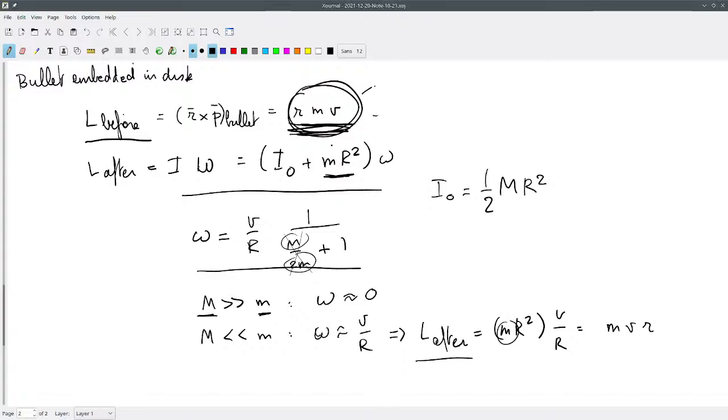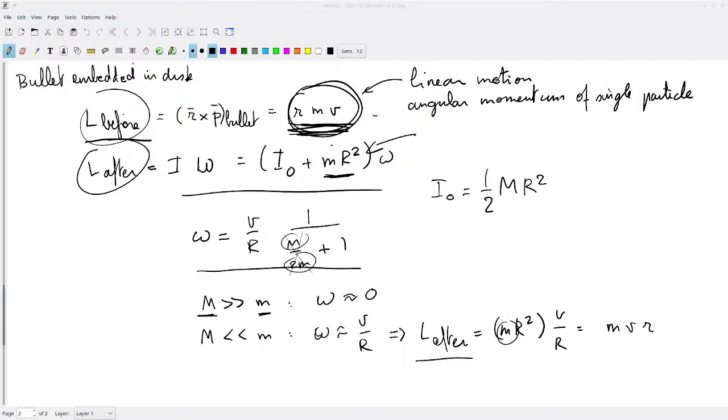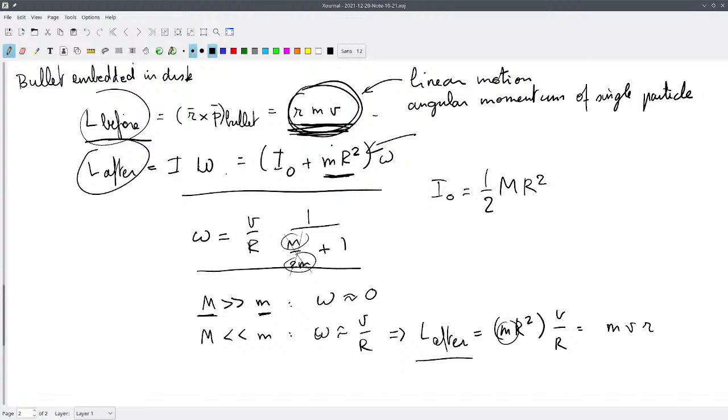So this is the part where we're connecting linear motion and the angular momentum of an individual particle, of a single particle, with, in this case, the angular momentum of a rigid body. And that's, of course, the part where we're trying to connect the linear motion with the angular motion in the before and the after situation. I hope that makes sense. I got a question in the chat about that.